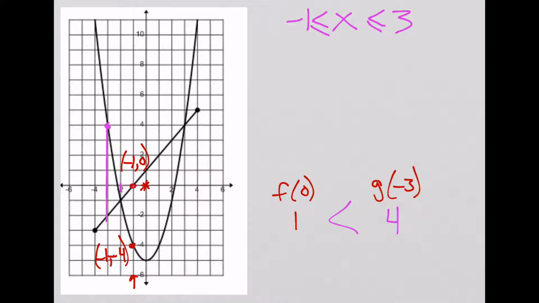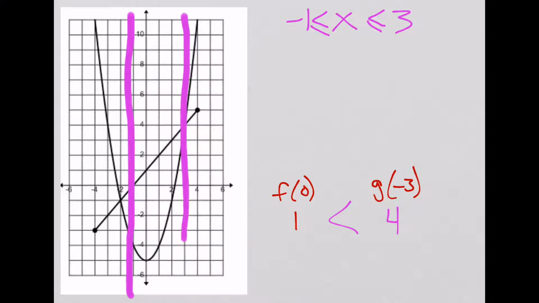Now, we still haven't done anything. I just was helping you understand the problem. But I am going to, after I clean off some space here, cut this function off the way that we did before. So negative 1 is here. I'm whacking it off right there. And 3 is right here.